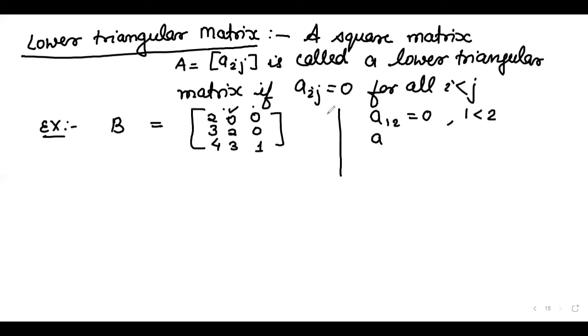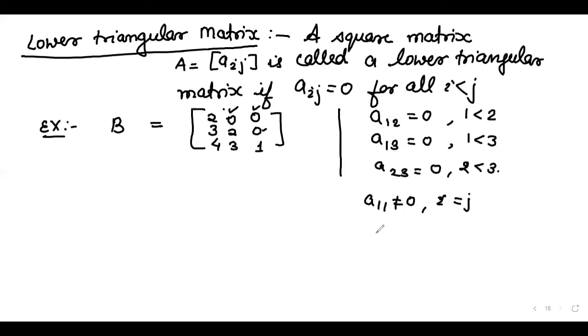Then the a13 position is also 0 because 1 is less than 3. Then the a23 position is also 0 because 2 is less than 3. Then the a11 position is not equal to 0 because here i is equal to j, meaning 1 1. Then the a21 position is also not equal to 0 because i is greater than j, and so on.